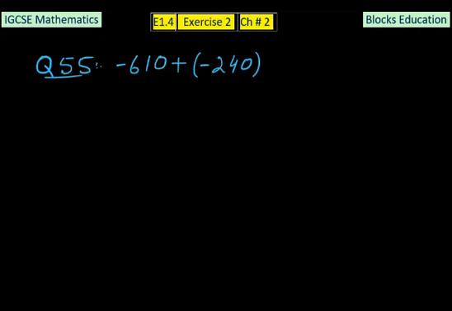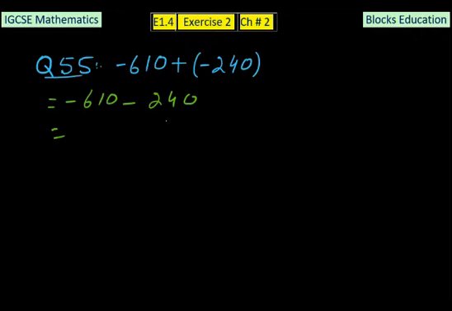In question number 55 it says minus 610 plus bracket start minus of 240. So once again we use the same technique, minus 610, and we know that plus multiplied by minus makes minus of 240, and minus 610 and minus 240.